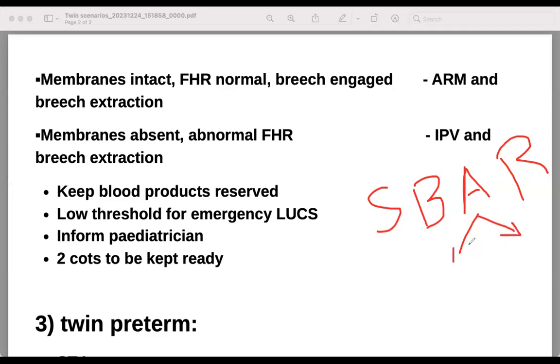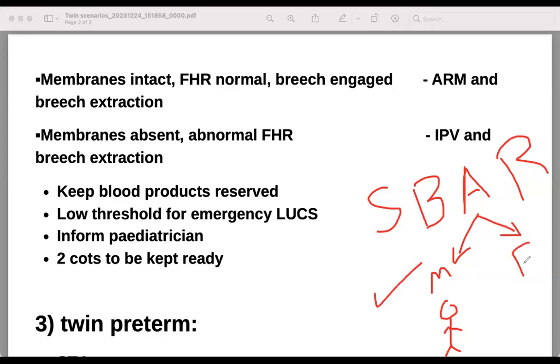In the maternal assessment, you will remember the funny diagram, and you need to do the assessment from head to toe. This is for the mother, and everything about the mother regarding abdominal examination, engagement of the breech, the vaginal examination, whether membranes are there or not, and the station, everything will be mentioned here.